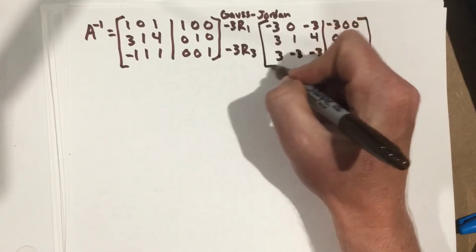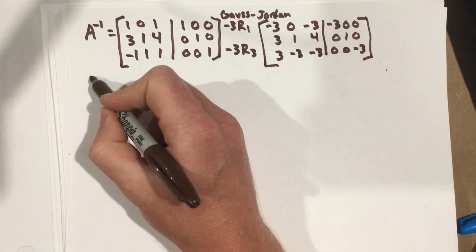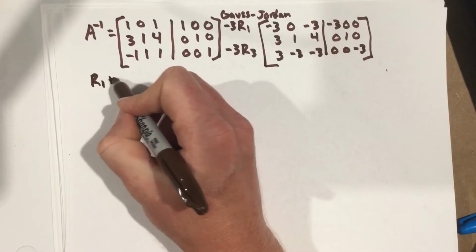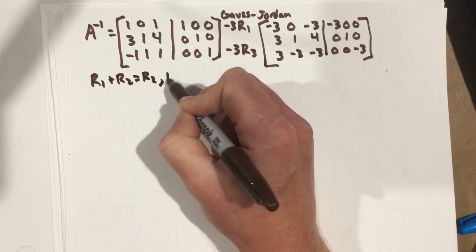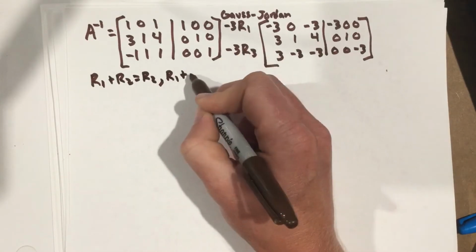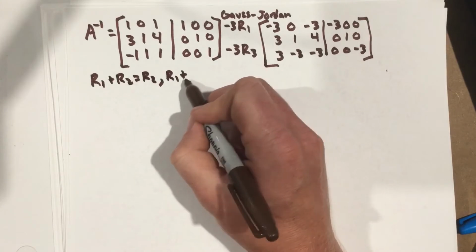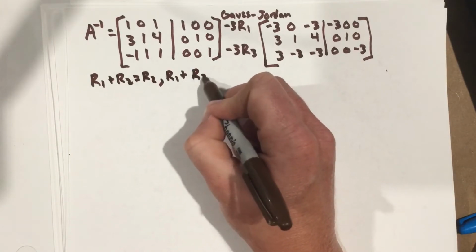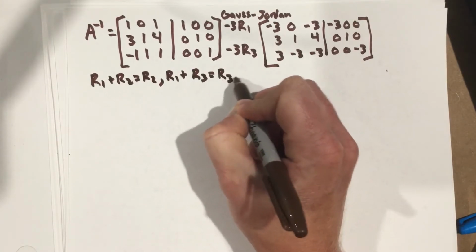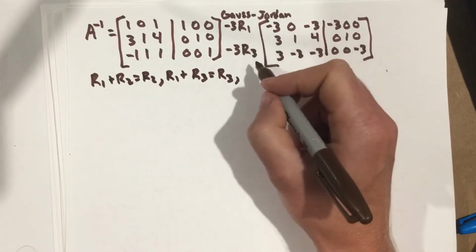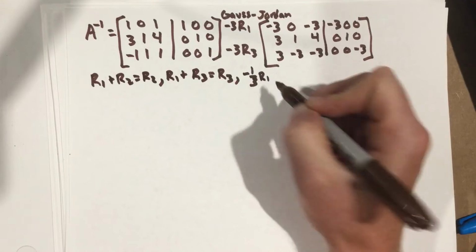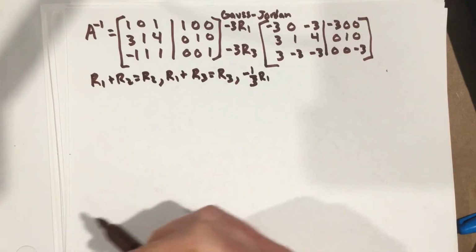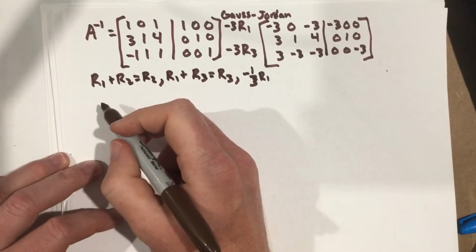And now we're going to do R1 plus R2 equals R2. And then we're going to do R1 plus R3 equals R3. And then at the very end, we're actually going to do negative 1/3 R1, just to put it back to its normal state.